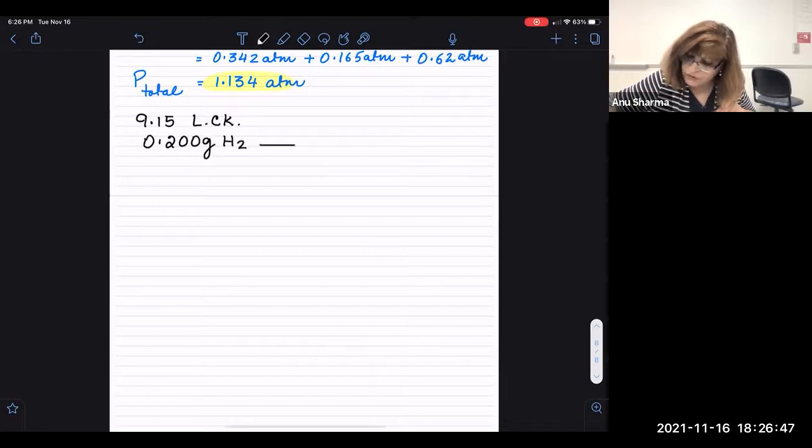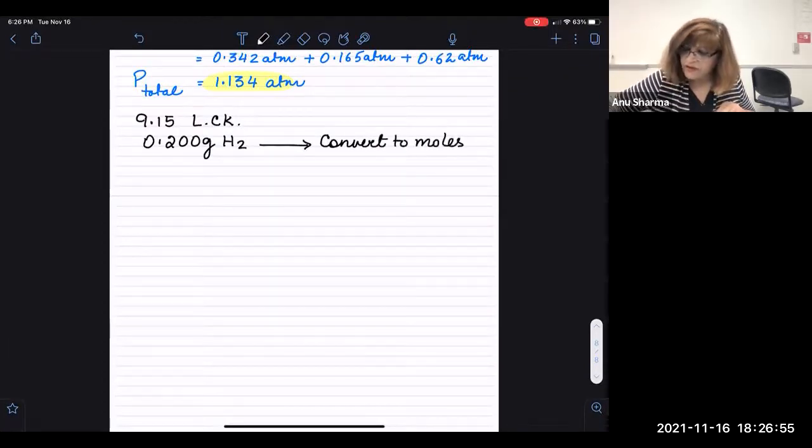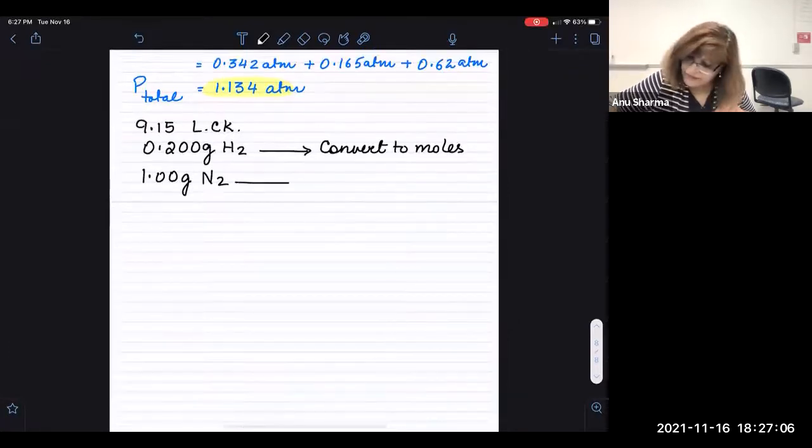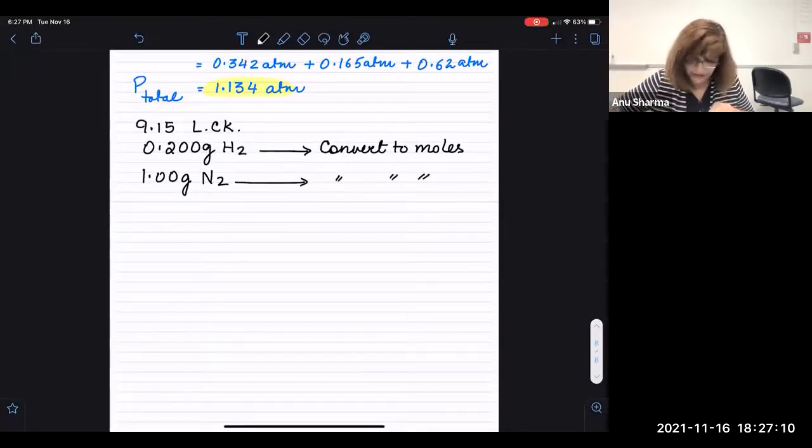All you need to do here is convert to moles, so in other words, you can find n. Then you are given 1.00 grams of nitrogen, and same thing, convert to moles.